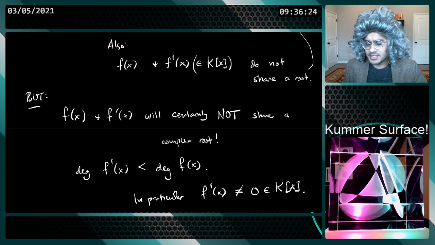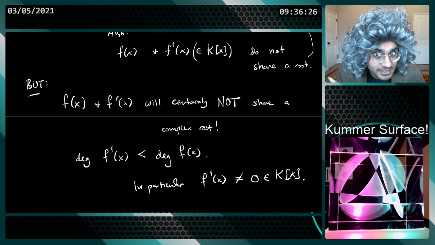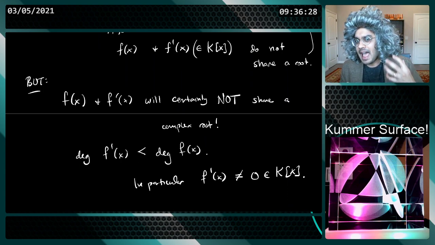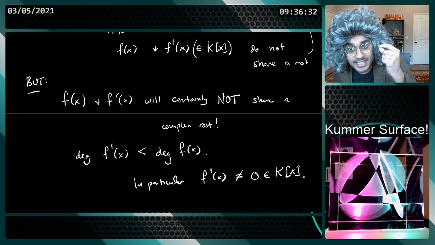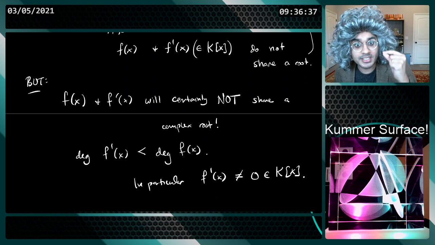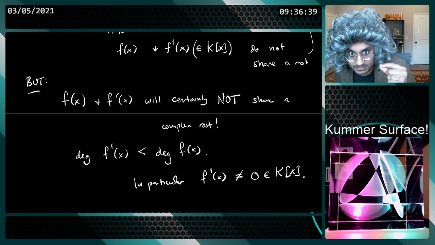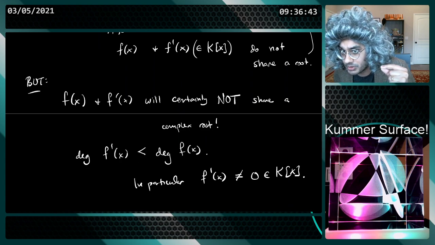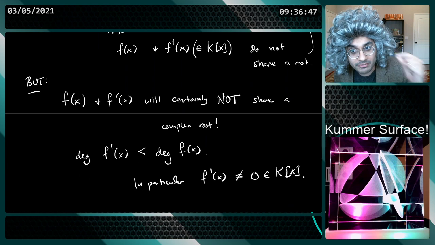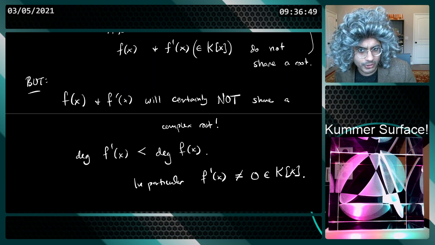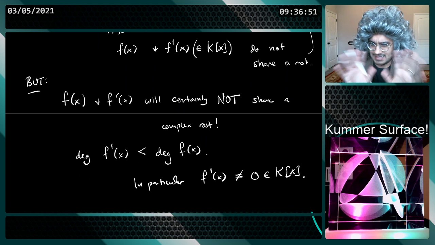So the derivative is a smaller degree polynomial. It's not the 0 polynomial. But then how can these two share a root? f of x was irreducible. So if you take a root, f of x was its minimal polynomial. f of x is the minimal polynomial of any one of its roots. And so f prime of x would be a smaller degree polynomial having the same root.